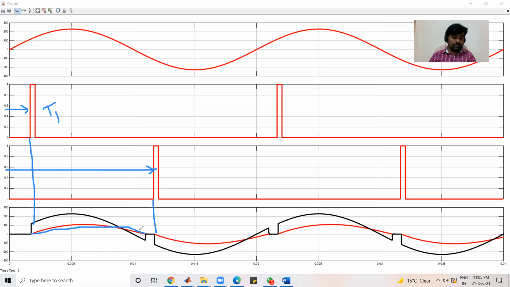So if I increase the inductor value, then you may get continuous current, but because of the low value of inductor, which is 2 millihenry, you can see zero output current and zero output voltage. That is called discontinuous conduction operation, right? Now, similar waveform you can see at different values of firing angle alpha, right?